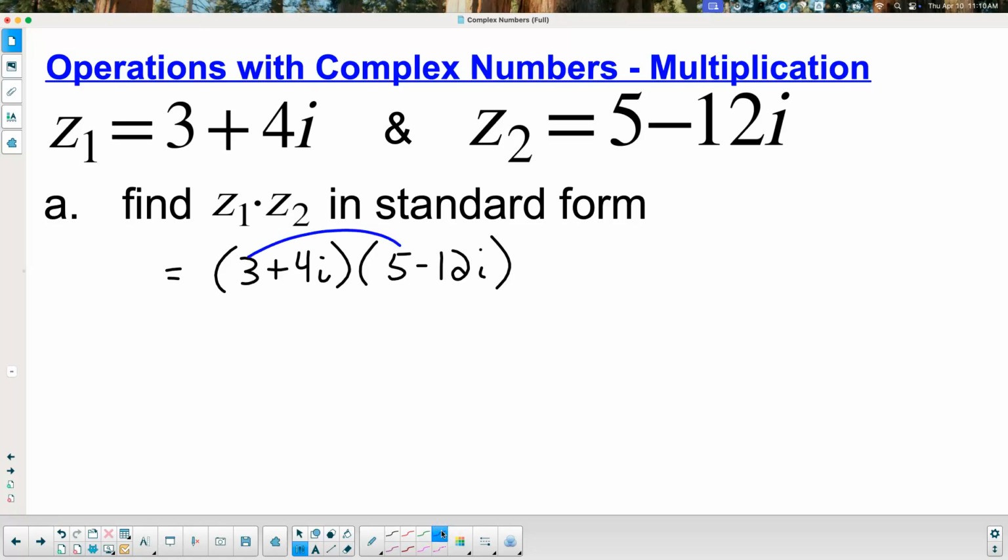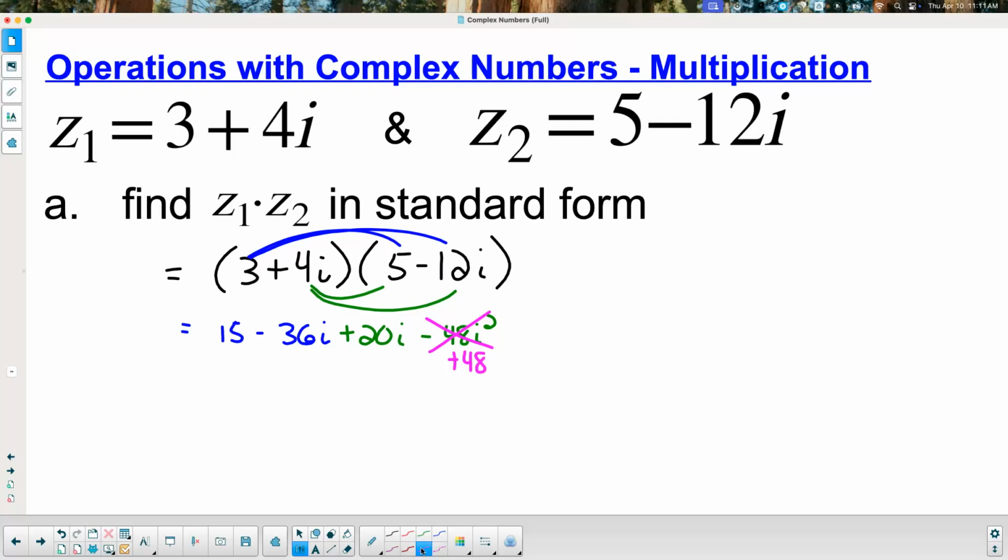3 times 5 is 15. 3 times negative 12i is negative 36i. 4i times 5 is 20i. And 4i times negative 12i is negative 48i squared. But what does negative 48i squared really become? Plus 48.